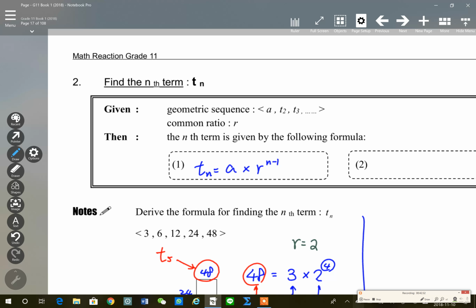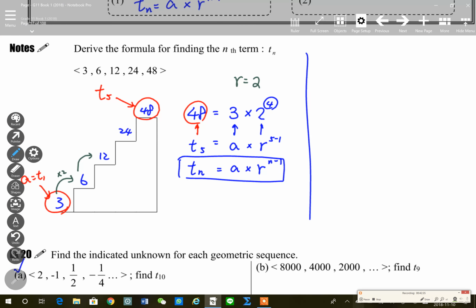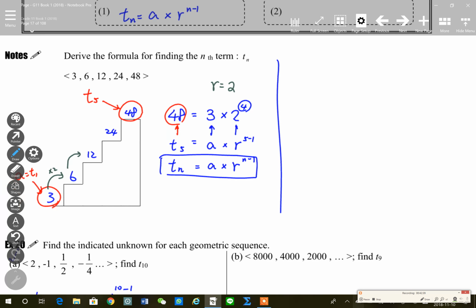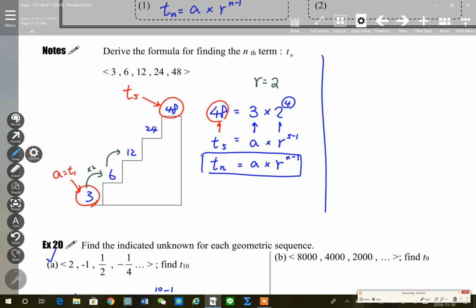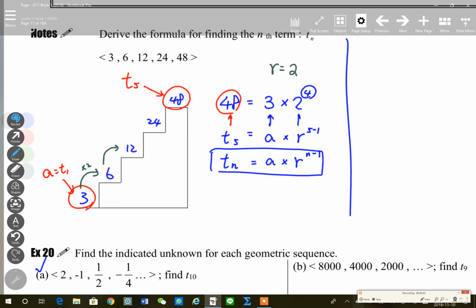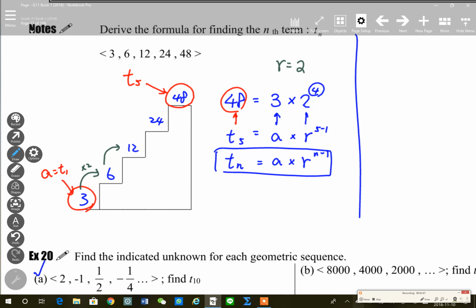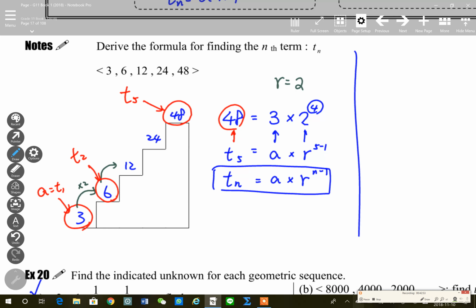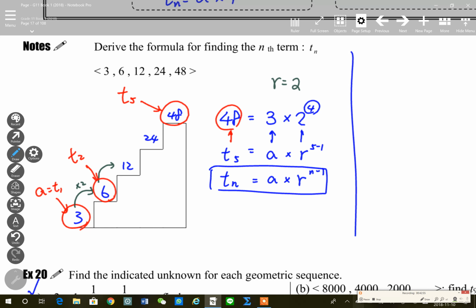It's the second one. We'll use that idea to derive a second formula. So pretend we don't know the first term, and we are starting from, let's say, the second term. Okay, write it down.